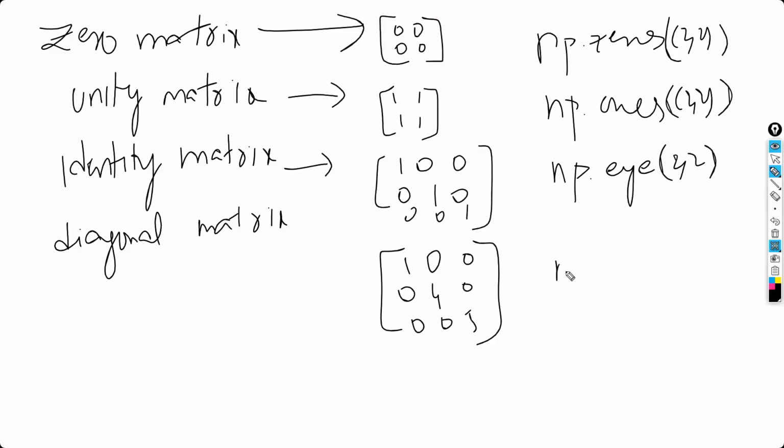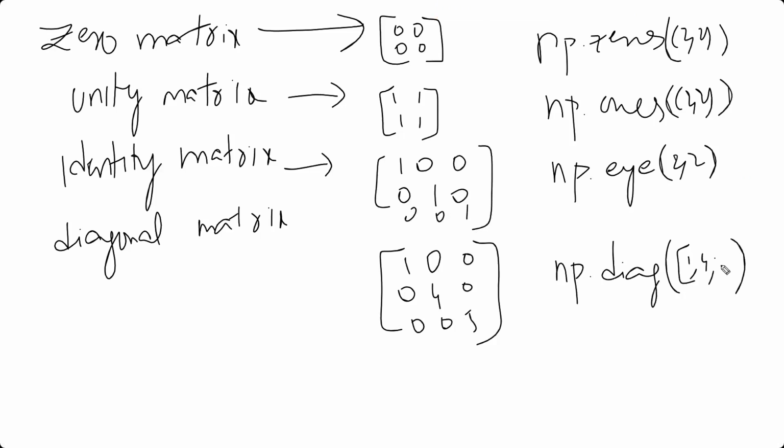The function for a diagonal matrix is np.diag, and inside that you provide the diagonal values, which are 1, 4, 5. Then these will be kept in the diagonal positions and the remaining are 0. Point is clear?